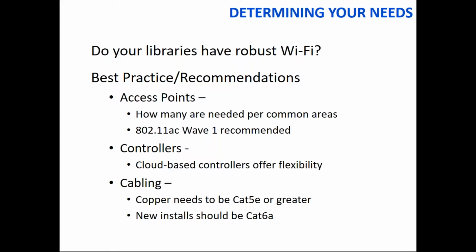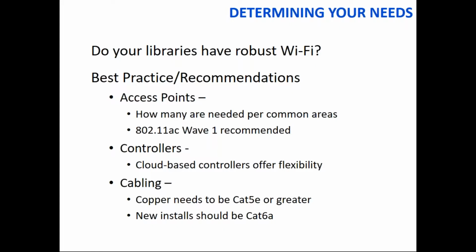When we're talking about controllers, would you be better served with a cloud-based controller? Because being cloud-based, it can offer more flexibility. You can manage it off-site, but again, it just offers a lot more flexibility there.